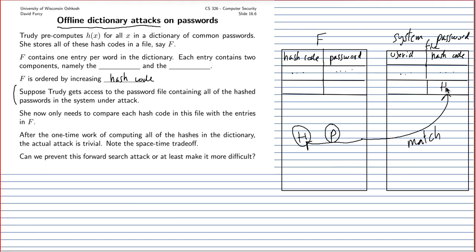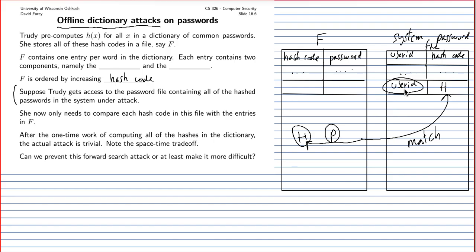And because she has access to the system file, she also knows the user ID for that hash code. So in other words, Trudy was able to find the password for a particular user, and she can now impersonate that user and go through the user authentication step successfully, even though she's not that user.